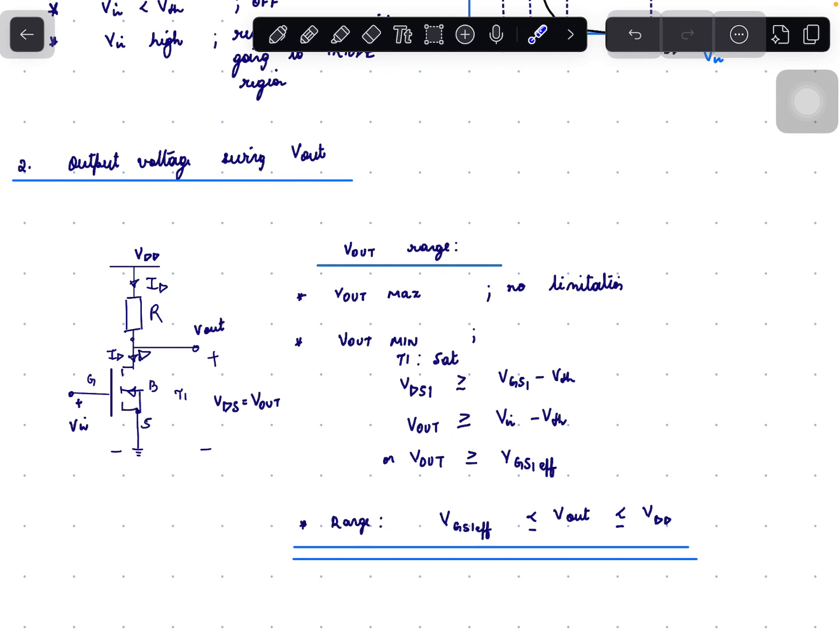The condition for saturation is VDS should be greater than or equal to VGS1 minus VTH. So Vout has to be greater than VGS1 minus VTH. So Vout should be greater than Vin minus VTH. This term is nothing but VGS1 effective. So Vout has to be always greater than VGS1 effective.